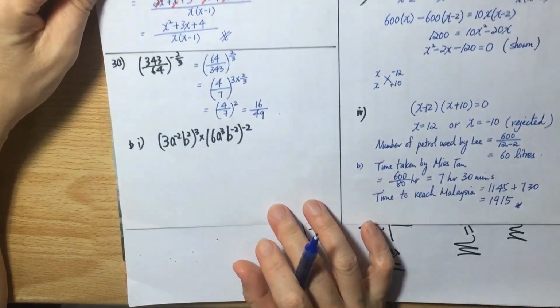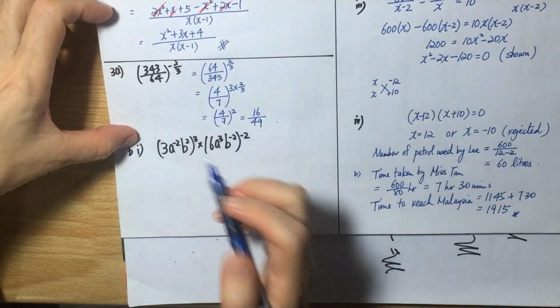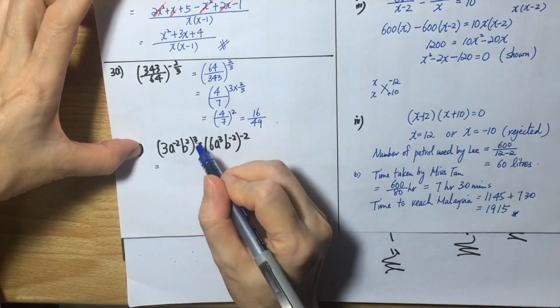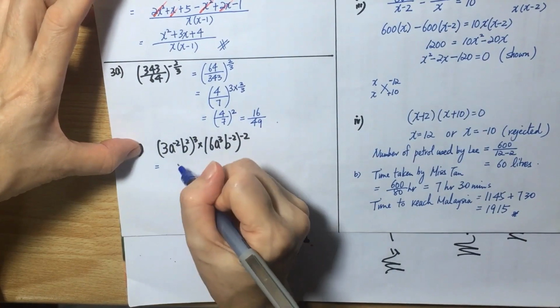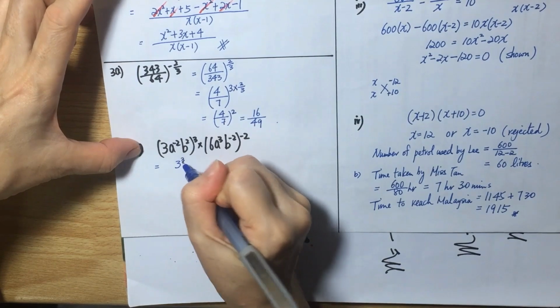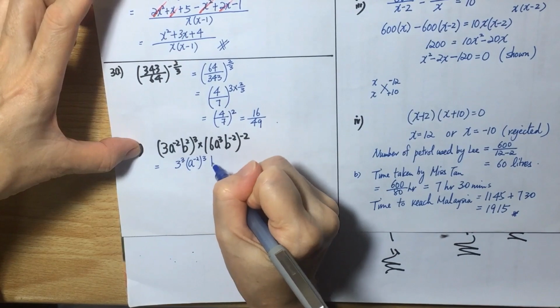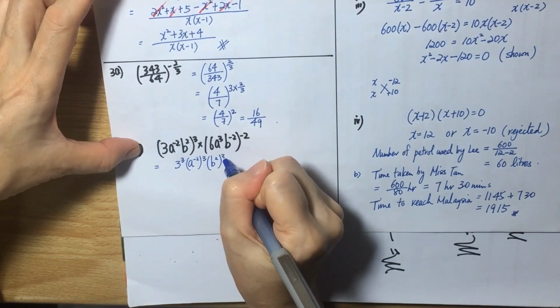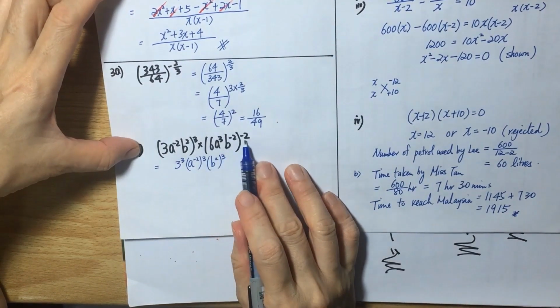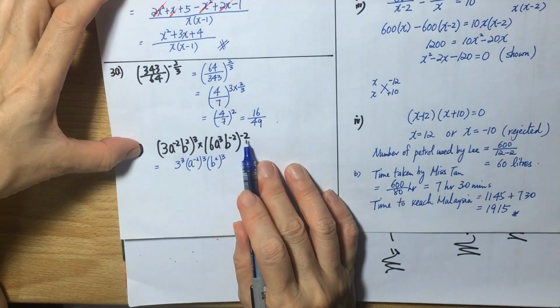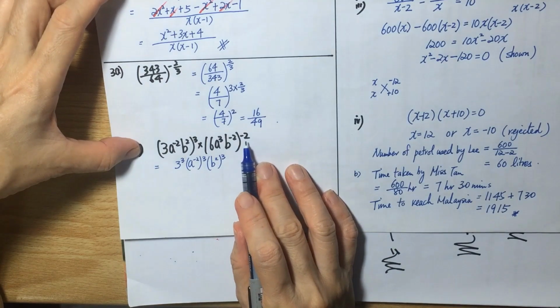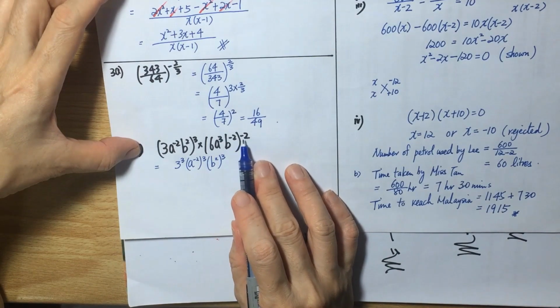Okay, simplify this expression. So to simplify, for this one is easy. We have 3 to the power 3, a to the power negative 2, and b squared to the power 3. But this one is to the power of negative 2. So to the power of negative 2, I want to get rid of the negative power.